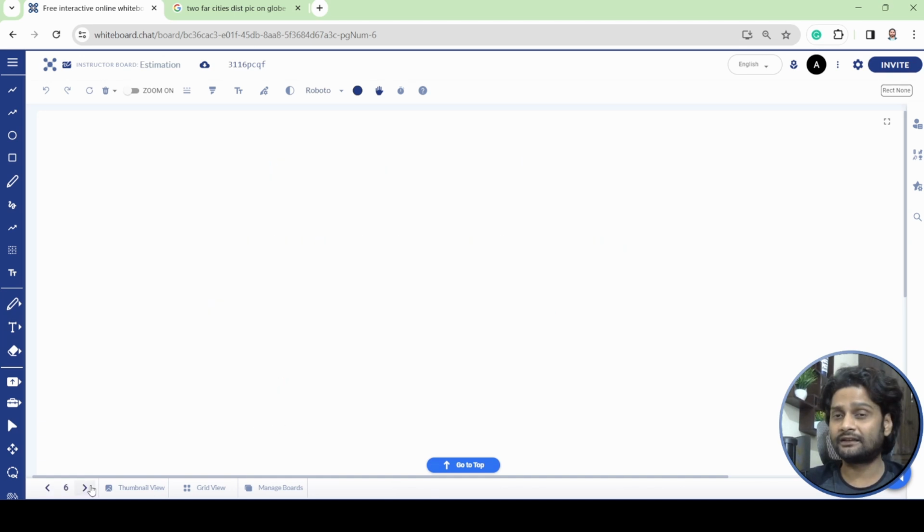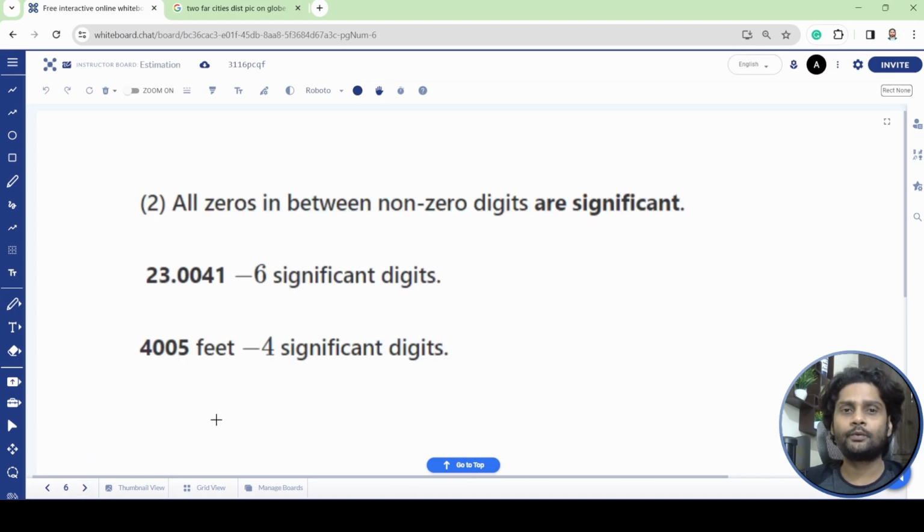Now let's take the second case, where we have zeros, but these zeros lie between two non-zero digits. In that situation, along with those non-zero numbers, these zeros are also considered to be significant. Just like here, we have 6 digits in that number.